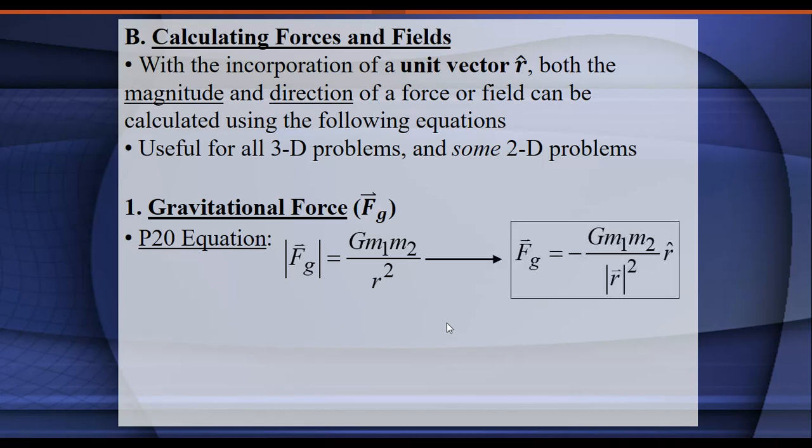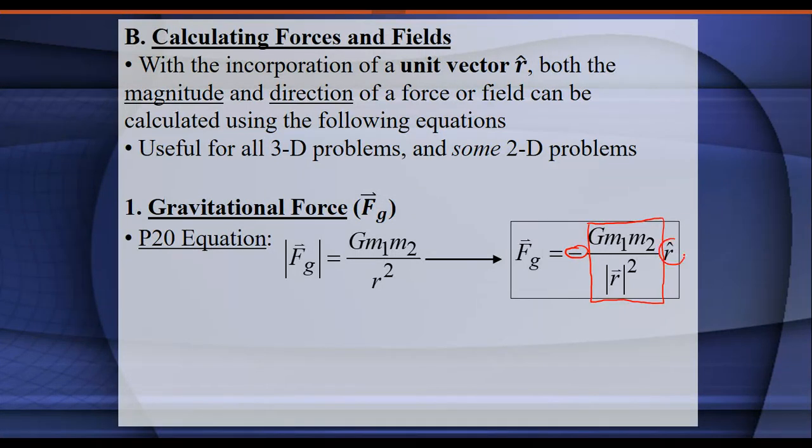Okay, so here's what this equation looks like. We have Fg is equal to negative G m1 m2 over r squared multiplied by the unit vector r-hat. Now, there's a few differences here. First of all, there's this negative sign in front. This part's the same though, we're taking the magnitude G m1 m2 over r squared, so that's identical.